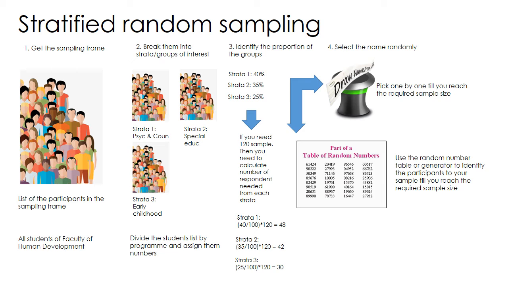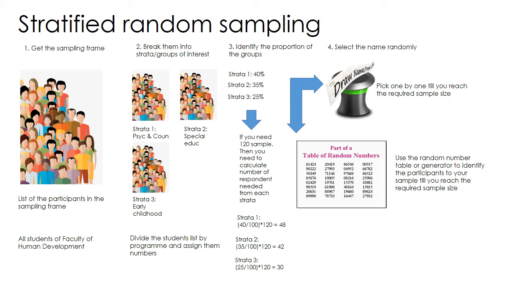So we are breaking the students by their program. There are three main strata, or three main groups. The first group is psychology and counseling students, strata 2 is special education, and strata 3 is early childhood. So we divide the list by program, and then we assign numbers to them.